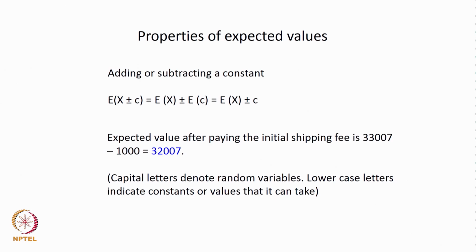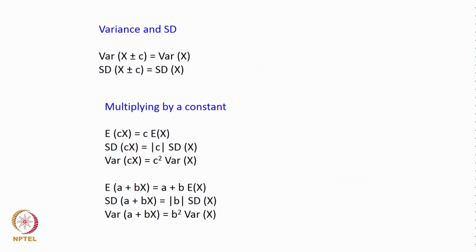Also, we have to remember that capital letter X represents a random variable, and lowercase letters generally indicate either constants or the values that the random variable can take. Therefore, you will always find P of X equal to x, capital X equal to small x. So, capital X is the random variable which takes a value small x. Now, what happens to the variance and standard deviation?